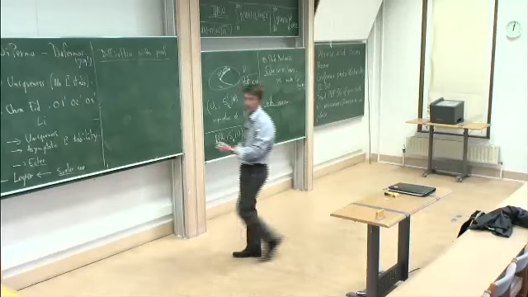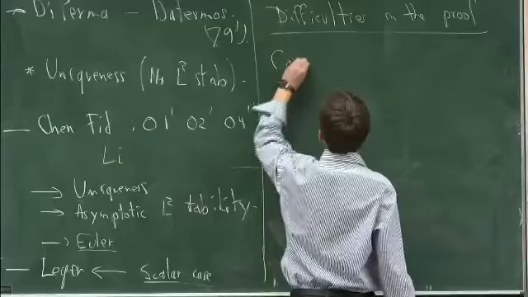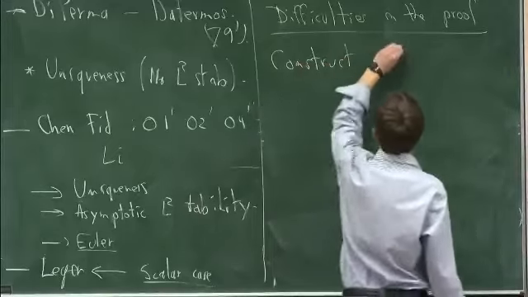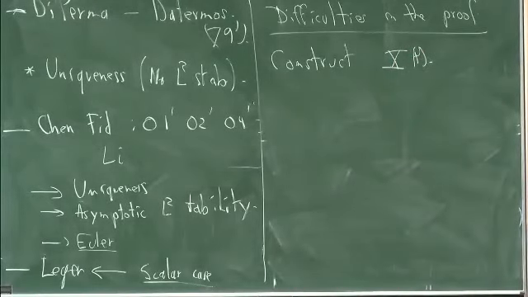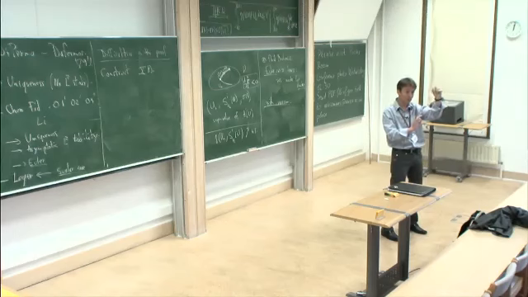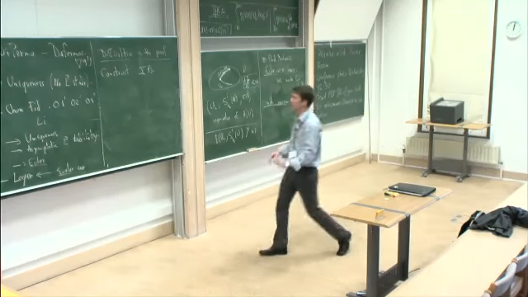So the difficulty is basically to construct x of t, and of course we have to construct it on the fly, because the examples that I've given on Burgers show that it depends on the exact value that you have, because you can push things just because the value is moving there. So it's really on the fly that you have to construct it.